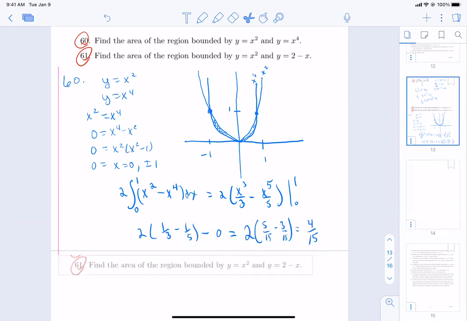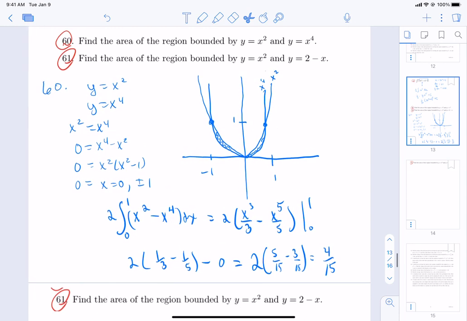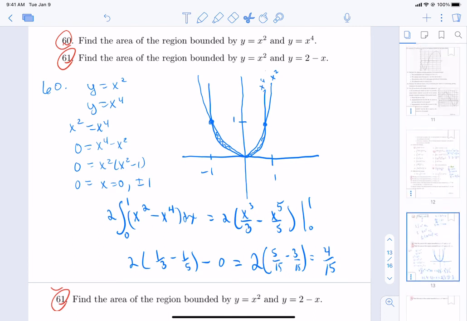There we go. Any questions about 60 before we move on to 61? Yeah, definitely. I'll make it a little bit. Yes. Yeah, go ahead.